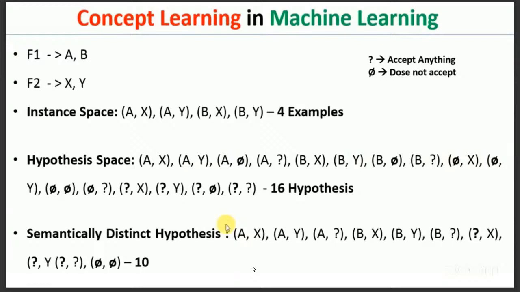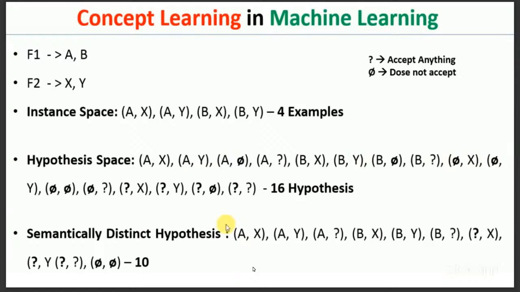Now, if you add those two hypothesis symbols, question mark and null, then we call that the hypothesis space, with all possible solutions. Now, adding the two more symbols to each attribute gives 16 hypotheses. How will you get those?